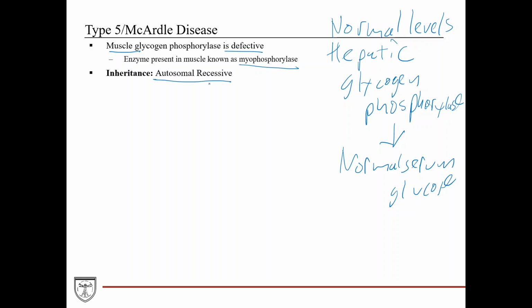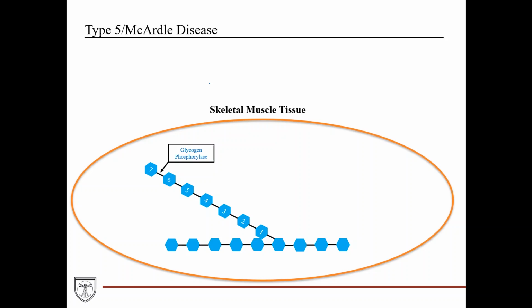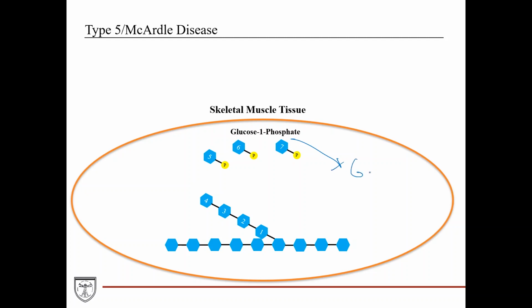So I thought briefly we'd review muscle glycogen phosphorylase. So here you have skeletal muscle tissue, and remember glycogen phosphorylase breaks these alpha 1,4 bonds. So here it's starting at a branch point. It could also break these 1,4 bonds here. So it breaks them into glucose 1-phosphate and gets to this point. And remember then these are converted into glucose 6-phosphate, and in the muscle, they're not leaving the cell.